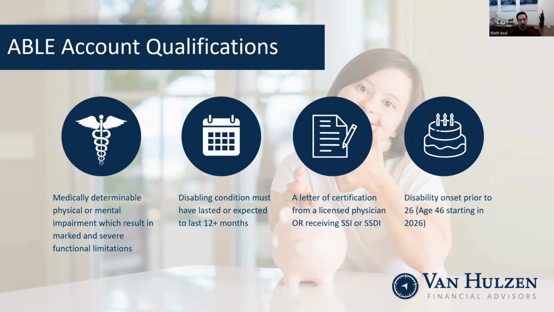Good news, in the year 2026, that age limit is moving up to age 46. Why they did not just move it to 46 now and they're waiting 3 years from when they originally said they were going to move it, I have no idea. Sometimes what the government does doesn't make any sense to me, but that's just the letter of the rule and the law, right?